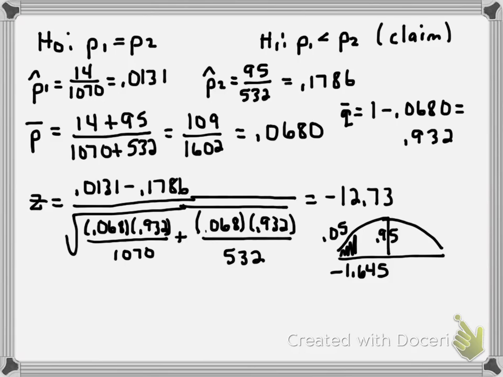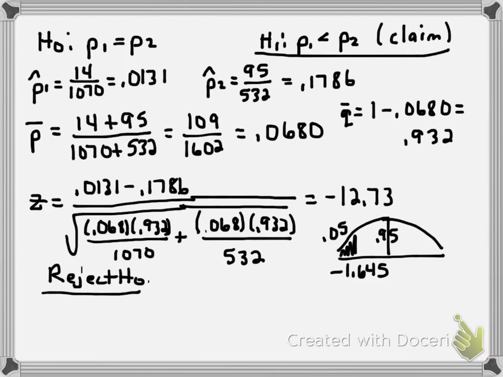The test statistic of negative 12.73 is to the left of negative 1.645. And since the test statistic is in the critical region, we need to reject H0. So the claim was with the alternative hypothesis and we're rejecting the null hypothesis.